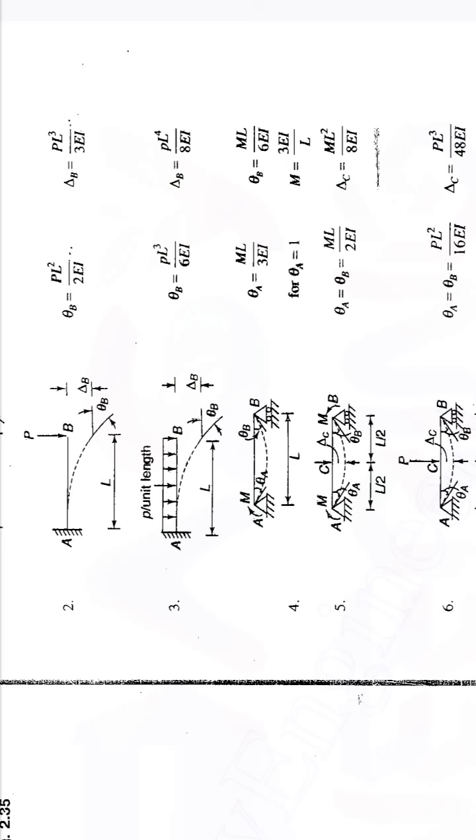Next, if you have a simply supported condition, and a moment acting about point A, then theta a, the slope at A, is ML by 3EI, and theta b, at the far end, is ML by 6EI.